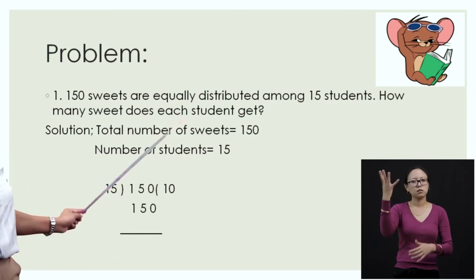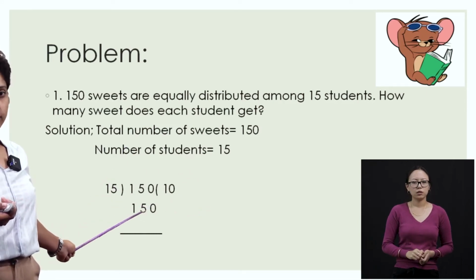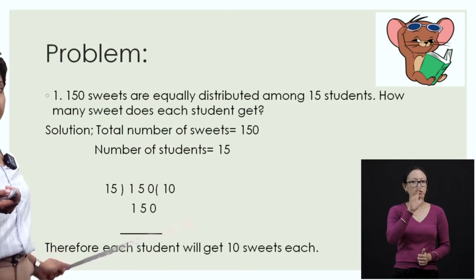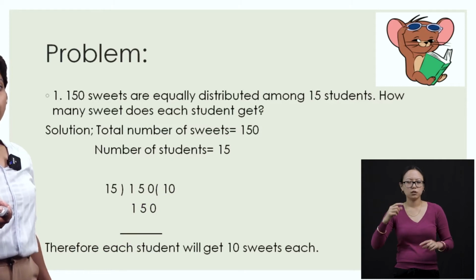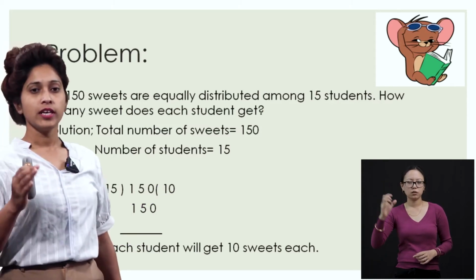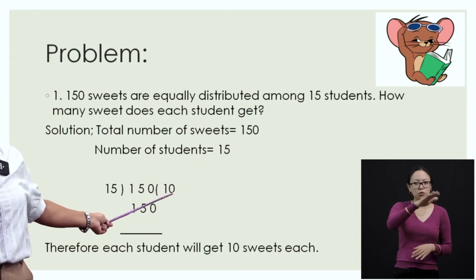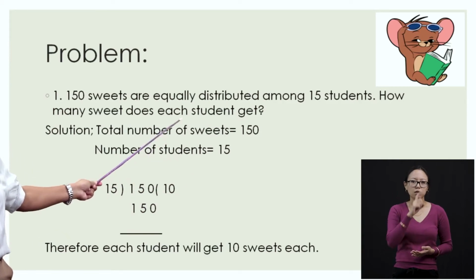So we have 15 into 10s are 150. When you minus them, you will get 0 and the answer is 10. So each student will get how many sweets? Children, they will get 10 sweets, right? Did you understand? All right.